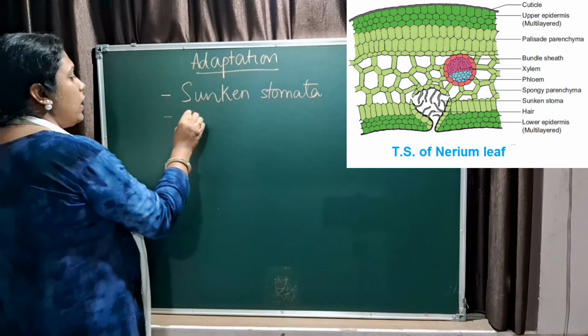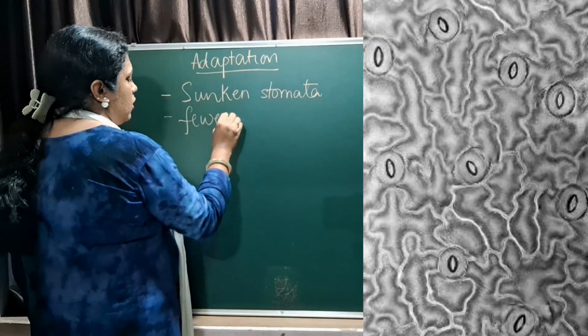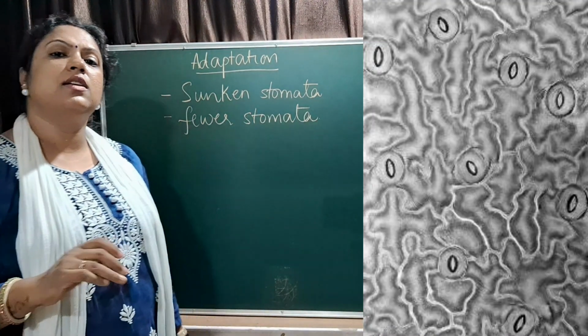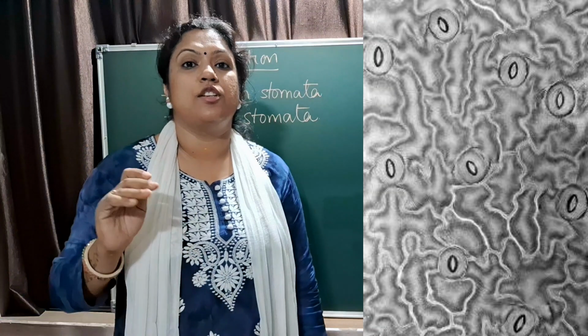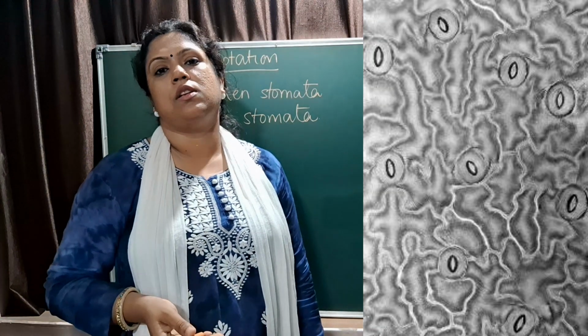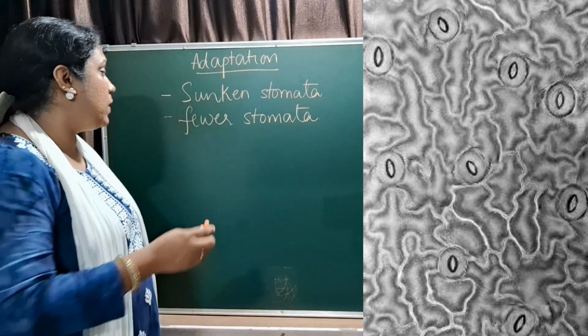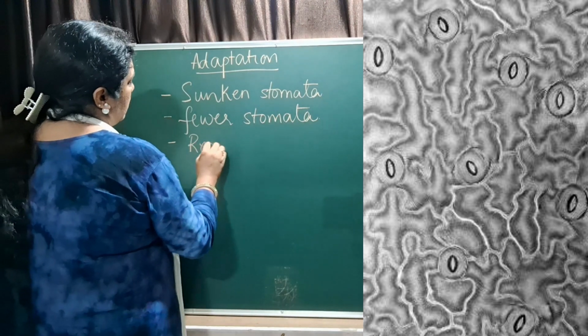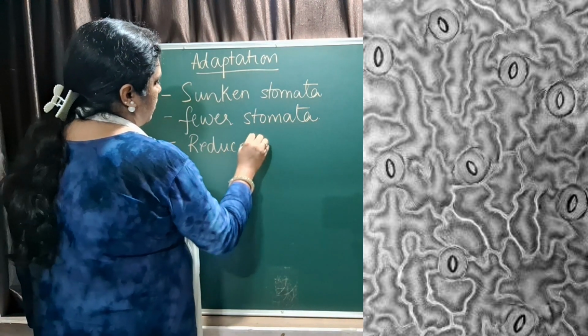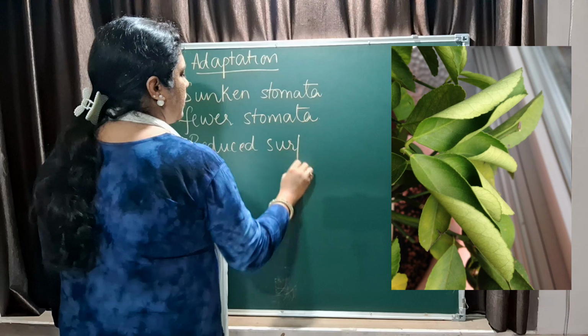Okay. Then you have fewer stomata, that is, the number of stomata present in the leaf is reduced, so transpiration does not happen much. Next one is reduced surface area.